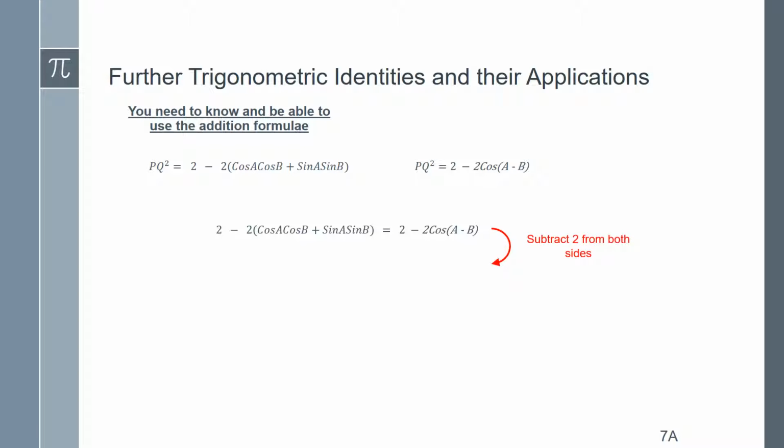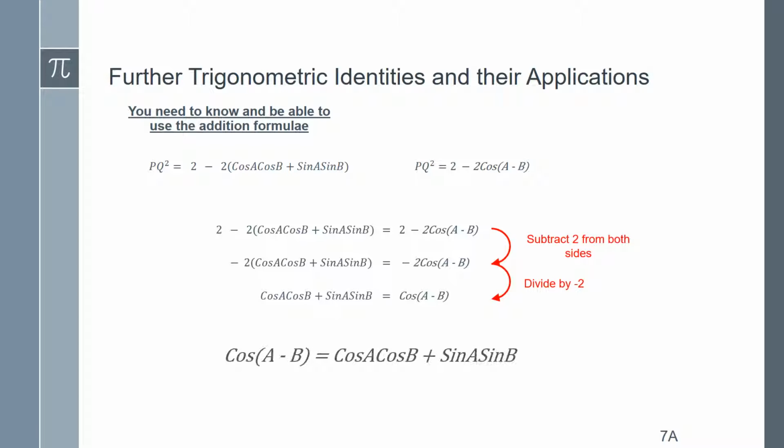If we take 2 off both sides and then divide by minus 2, we end up with cos A cos B plus sin A sin B is equal to cos (A minus B). That is a trig identity that we need to know. Cos (A minus B) is cos A cos B plus sin A sin B, and we could work it out the way that we've just shown in those previous few slides.